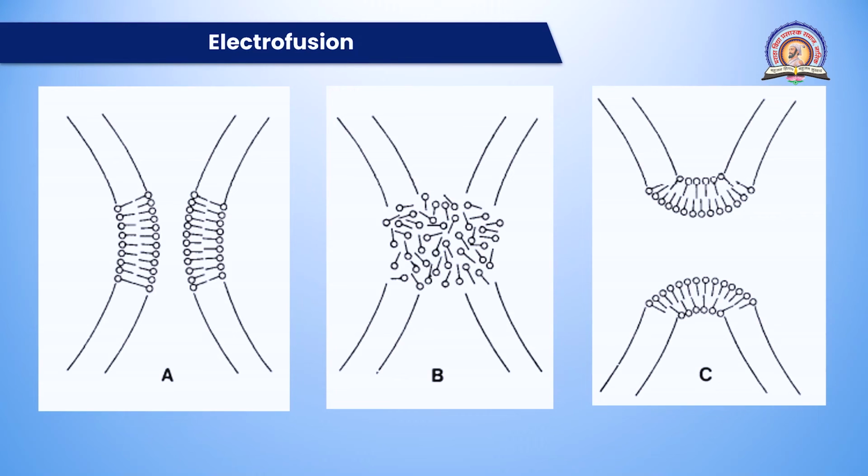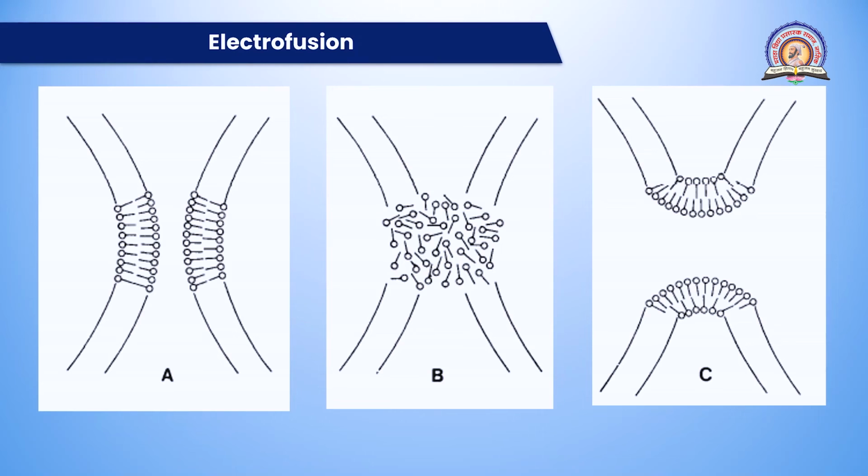Lastly, after again changing the current from DC to AC, you can see in the last figure that the protoplasts have realigned themselves, but this alignment is different from A. In figure A, the two protoplasts are vertically aligned but different from each other.